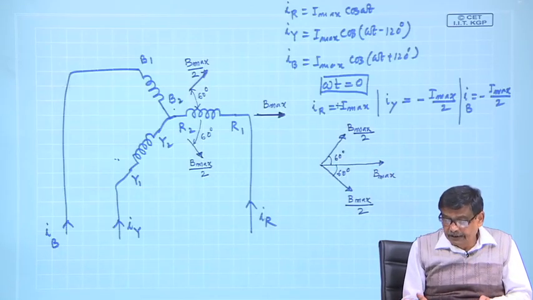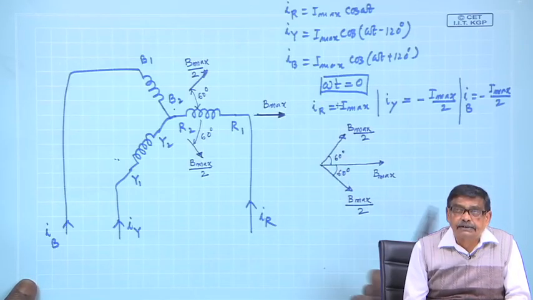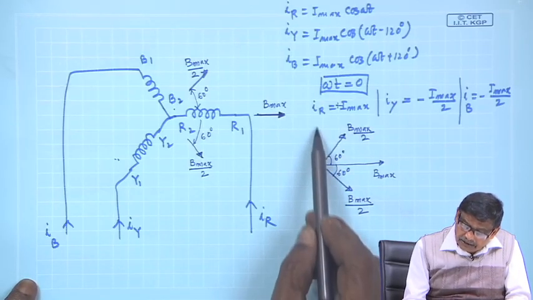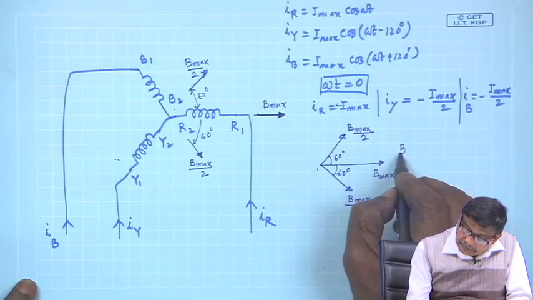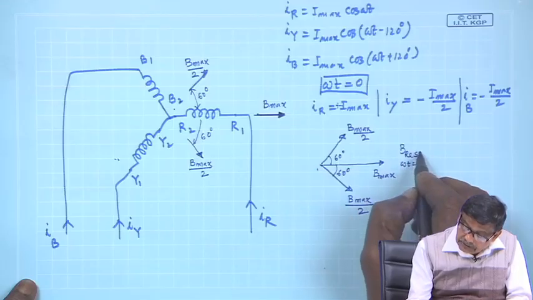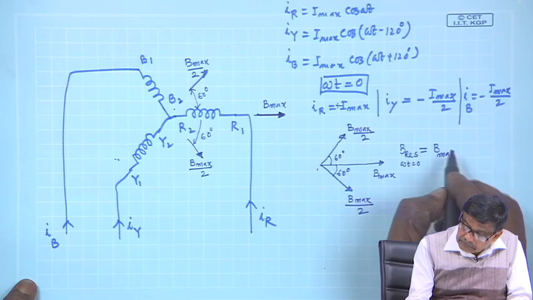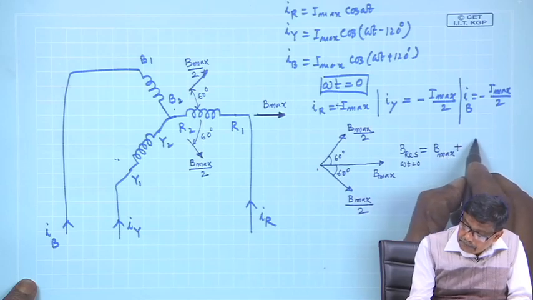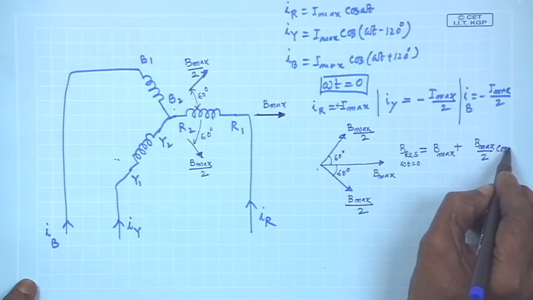Therefore, what will be the resultant field? The vertical component, you have to add these 3 vectors. So, the vertical component will cancel out. So, B resultant at omega t equal to 0 is nothing but B max plus B max by 2 cos 60 degree.